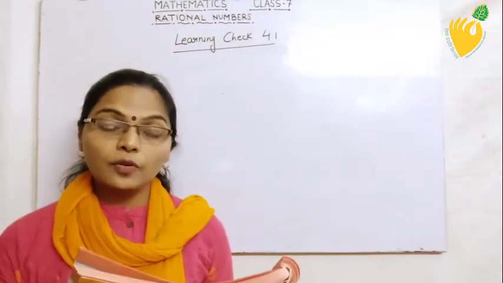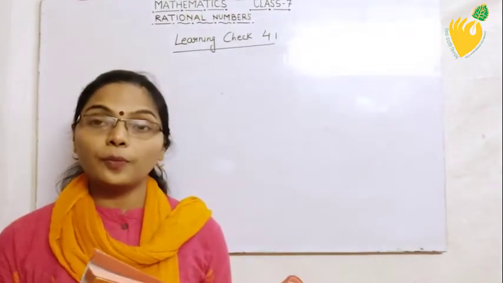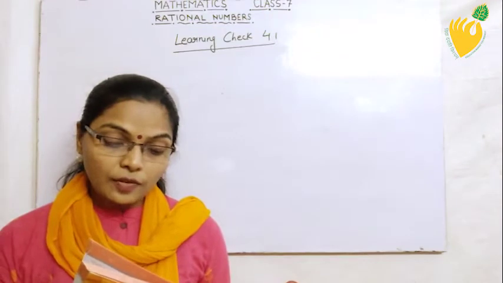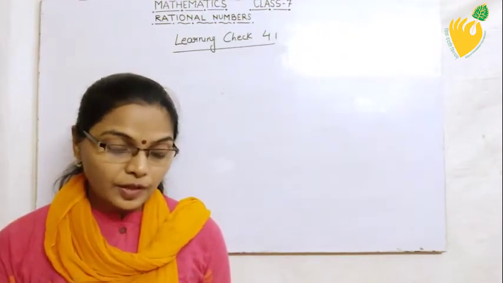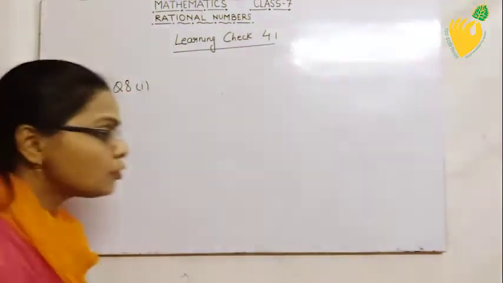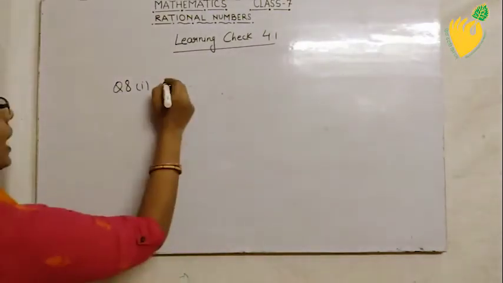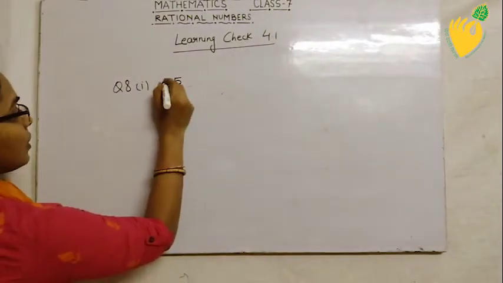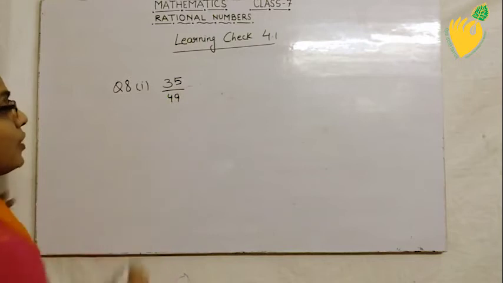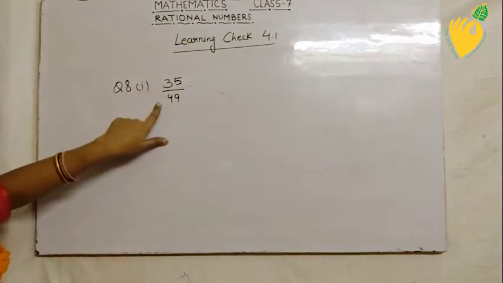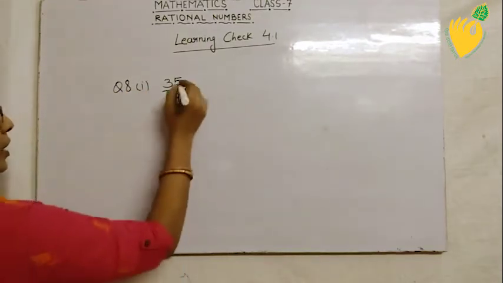Now students, let's see one more question of this Learning Check 4.1. Write each of the following rational numbers in standard form. 35 upon 49. So students, we have to take the number by which both the numerator and denominator are divisible.